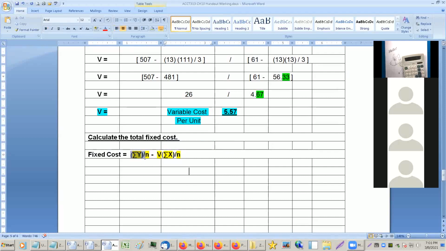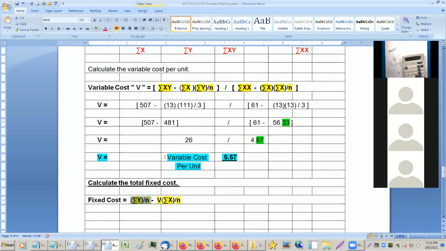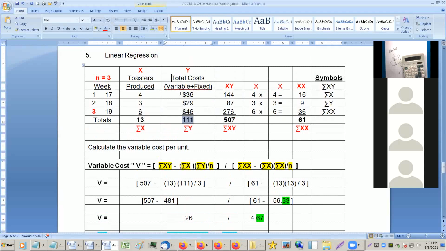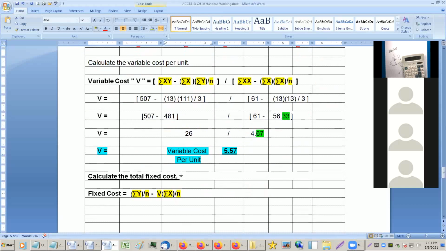You look at this thing and your eyes kind of fog over. Summation of y divided by n. Really all that's saying is, what's the average total cost? If I just ask you what's the average total cost, you would all say, you add these up and divide by 3. That's the average. That's exactly what this is saying.